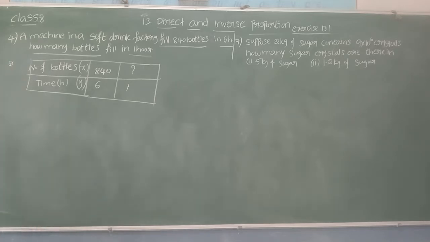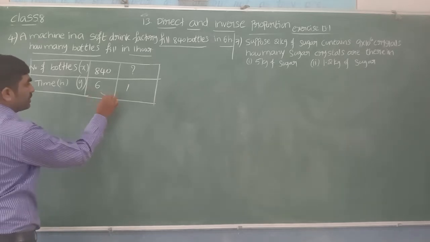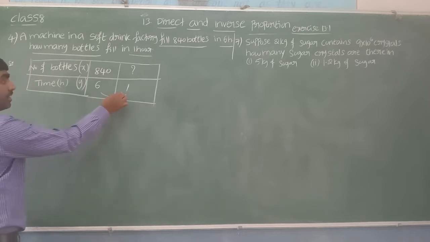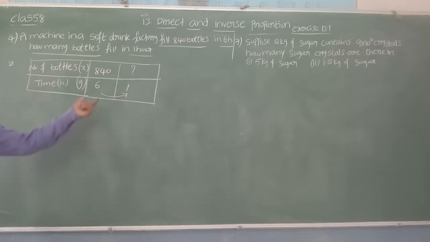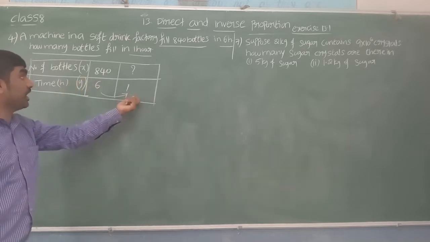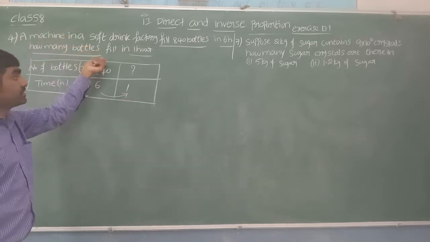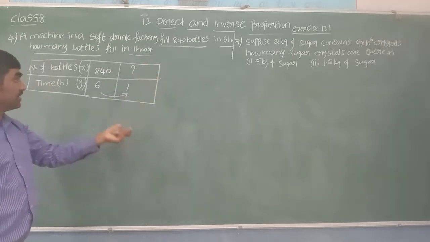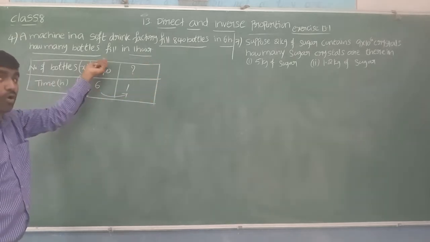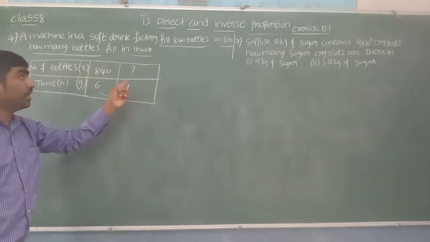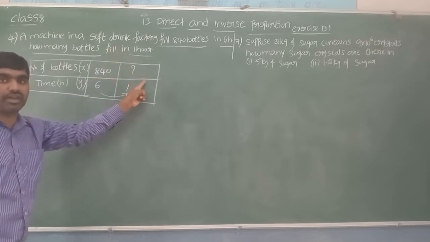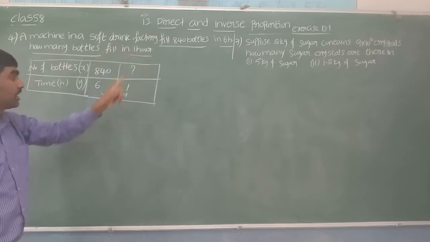Here you can see the time is decreasing, from 6 hours to 1 hour. So when the time is decreasing, automatically the number of bottles will also decrease. In 6 hours, if they fill 840 bottles, in 1 hour they can fill less than 840.